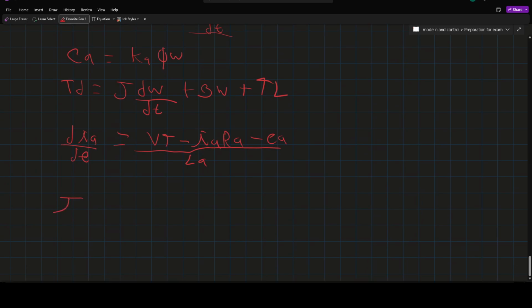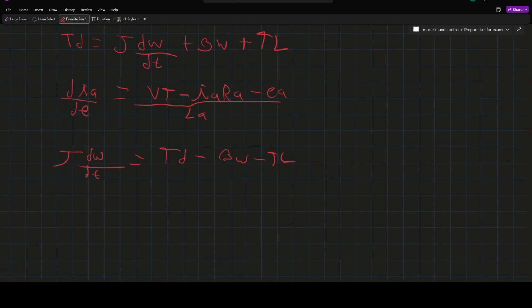And the same with our torque. We know that this is equal to our developed torque minus the other ones. But for our DC machine, we also know that this is equal to K phi IA.